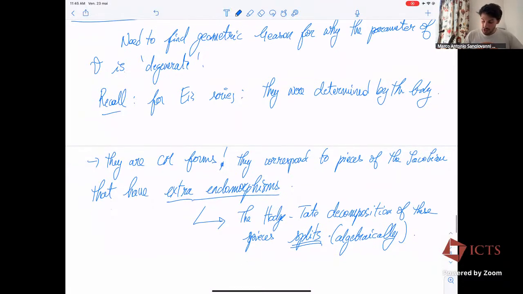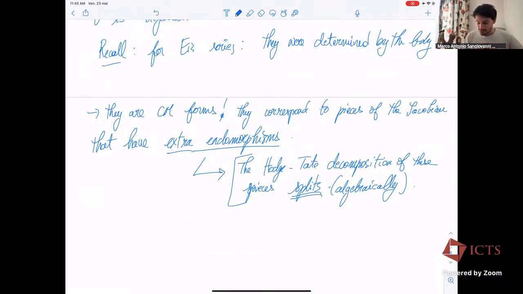So it's this point that underlies the entire construction.